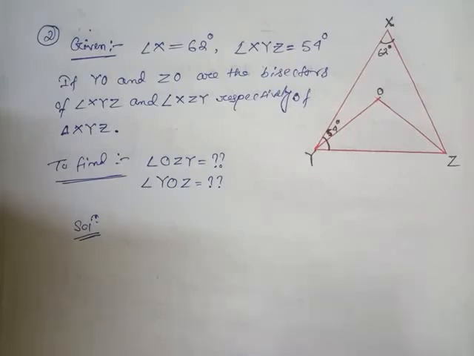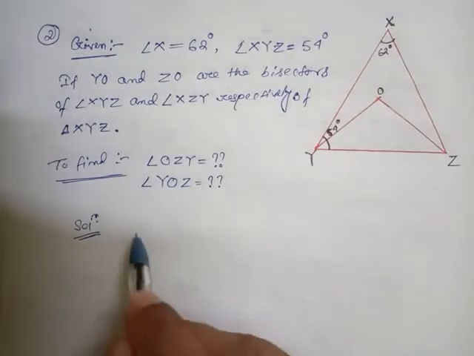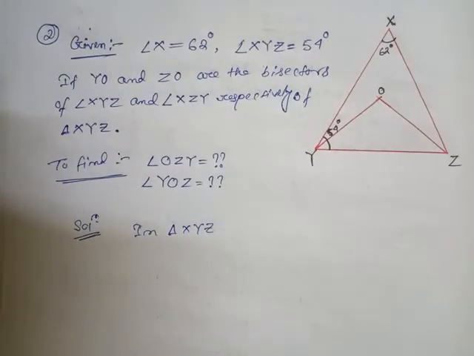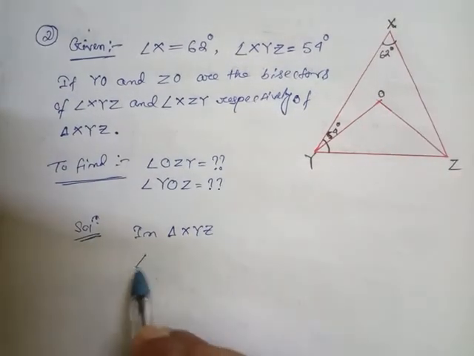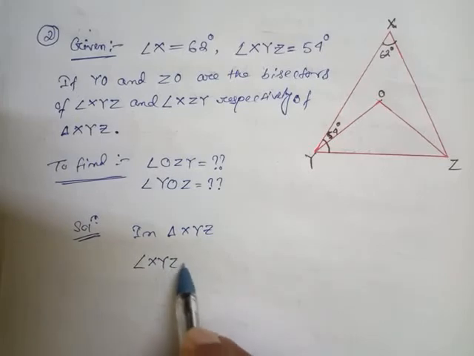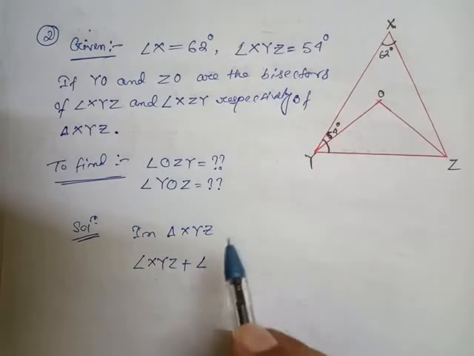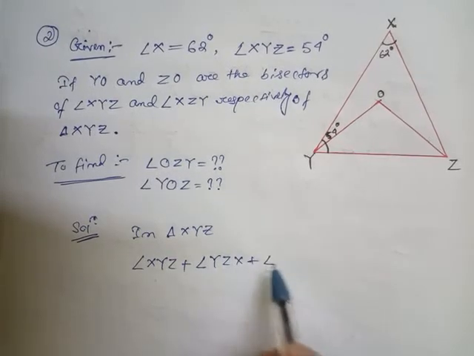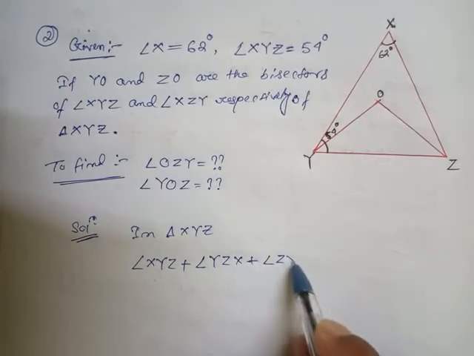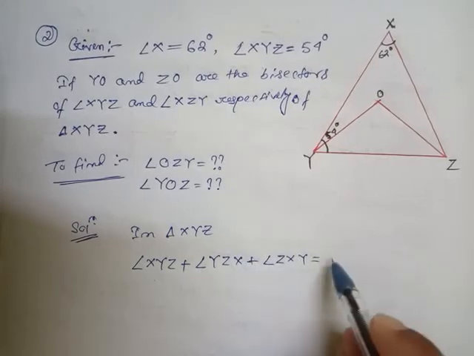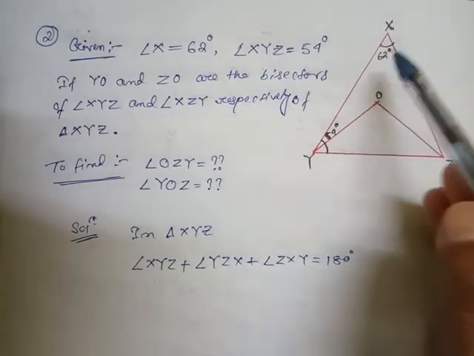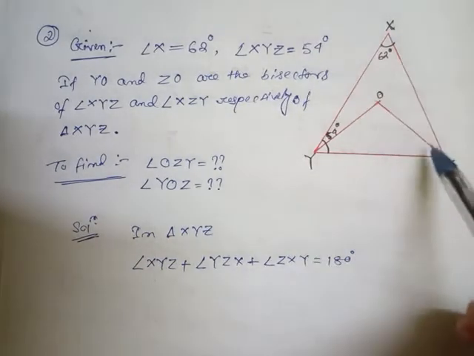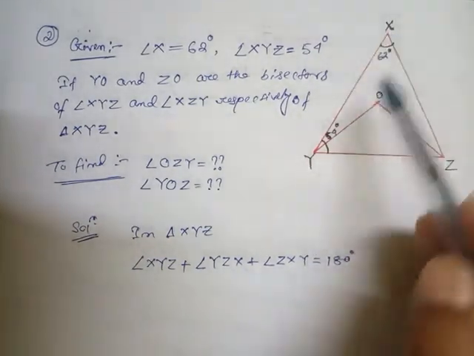Now look, in triangle XYZ, angle XYZ plus angle YZX plus angle ZXY equal to 180 degrees. XYZ means this angle, YZX means this angle, and ZXY means this angle.